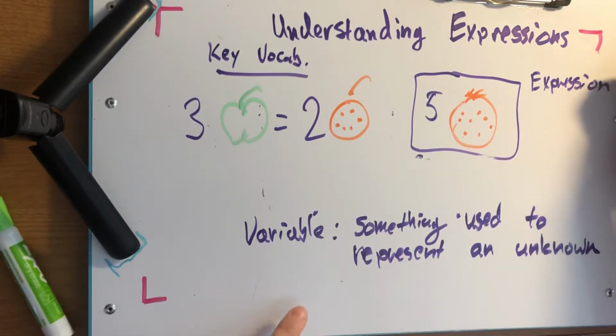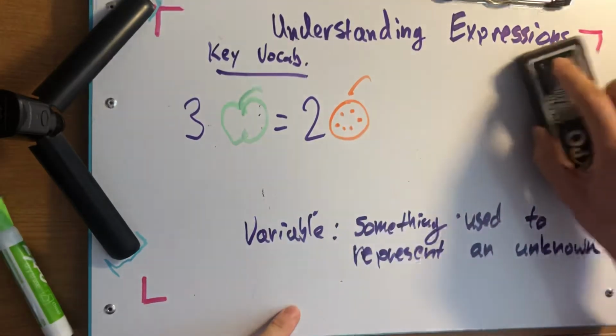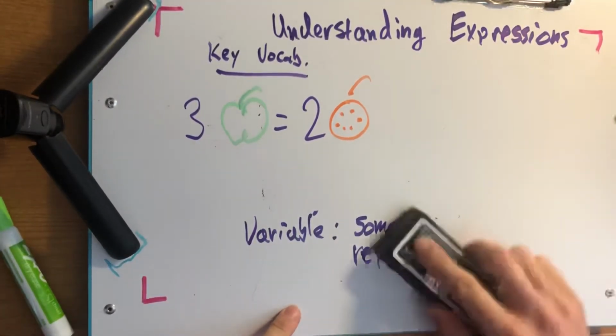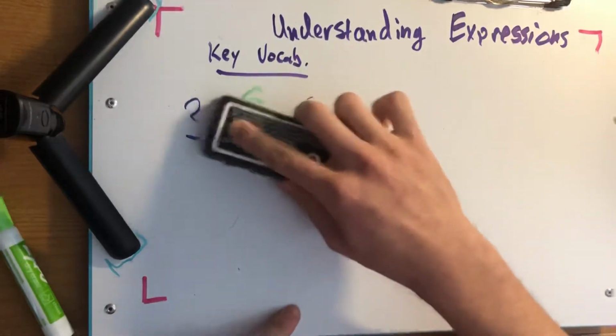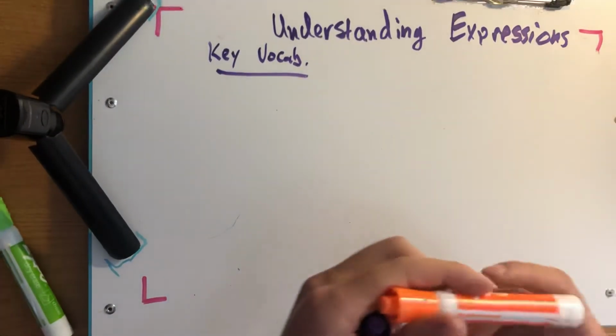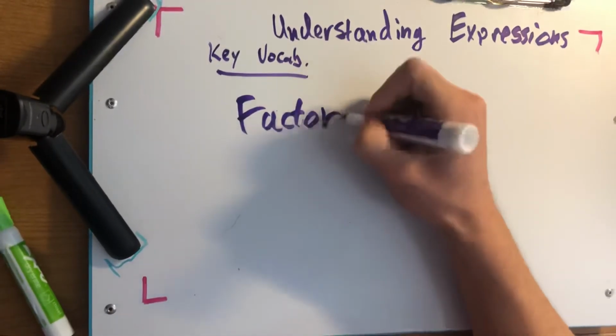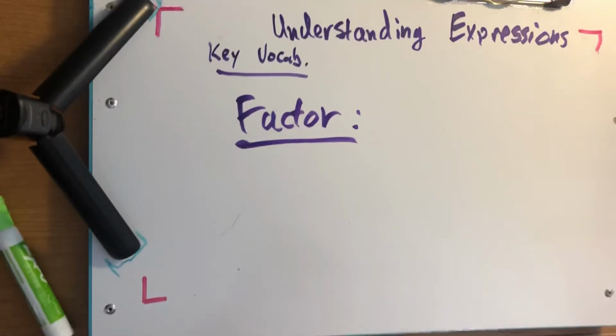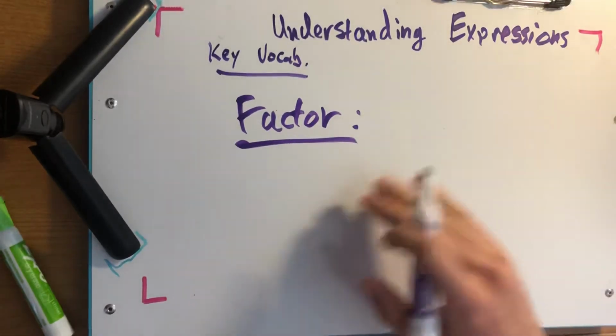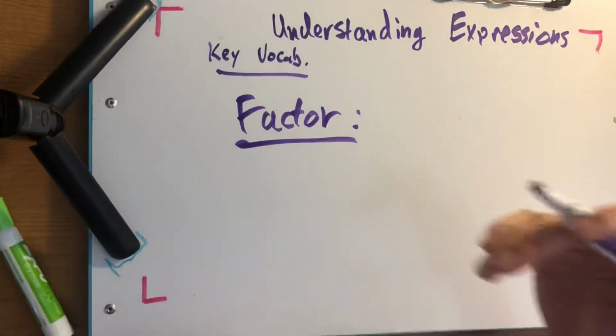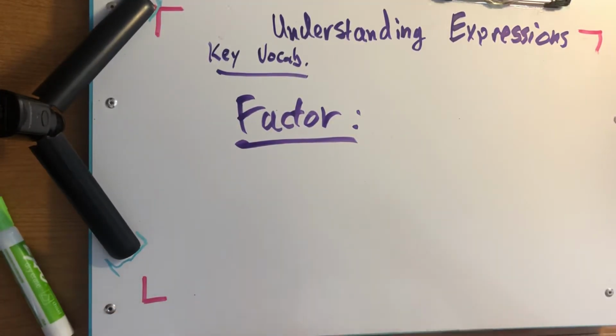And then finally, something that we're going to cover a lot more probably starting in a few weeks is this word, a factor. Factor. And I'm sure we've seen that word before, greatest common factor.